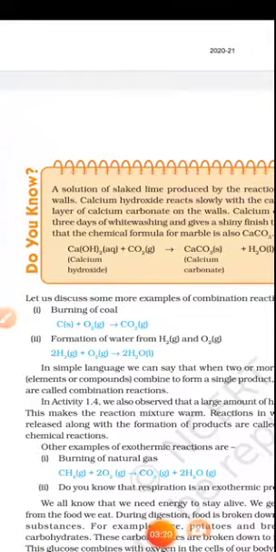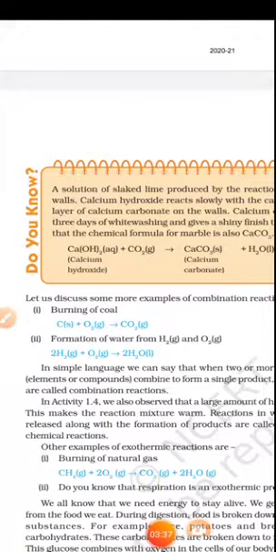Only you have to learn there is a single product. There may be two or three reactants, but the product is always single. That is called a combination reaction.